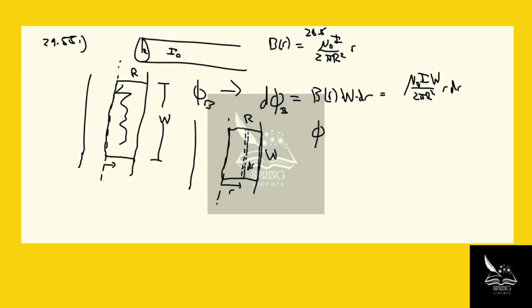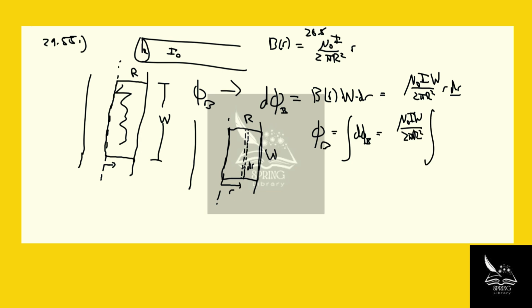If we want to find the total magnetic flux through this rectangle, all we have to do is integrate with the correct bounds. We know we're going to be integrating with respect to R, so let's plug this in, pulling our constants out first.